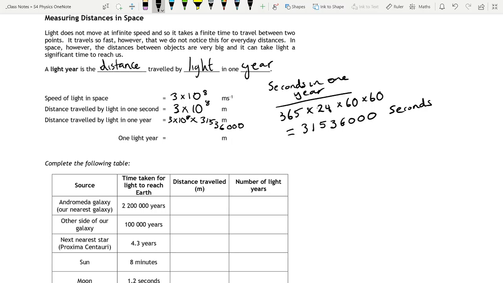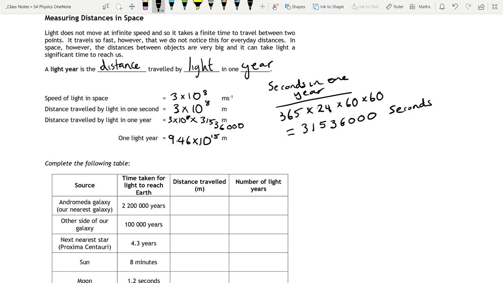You might be able to fit it in slightly better than me. But 1 light year is 3 times 10 to the 8 times that big number, which should be 9.46 times 10 to the 15 meters. So the distance that light travels in 1 year is 9.46 times 10 to the 15 meters.